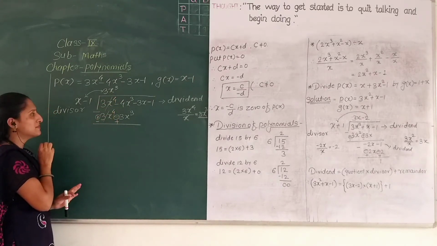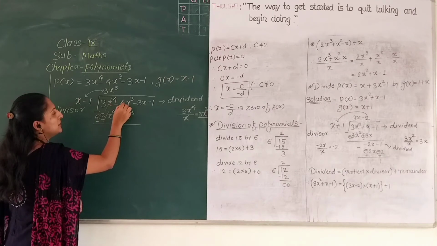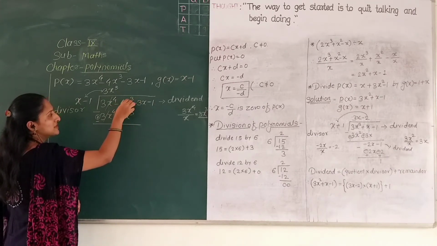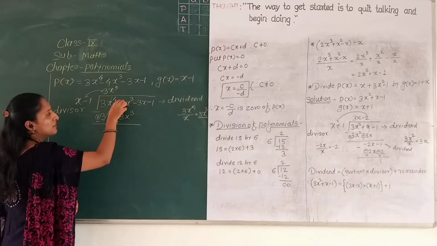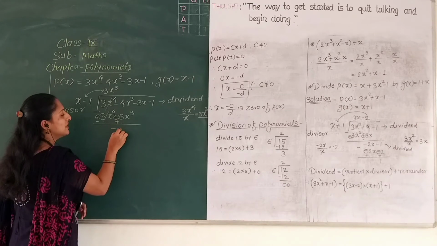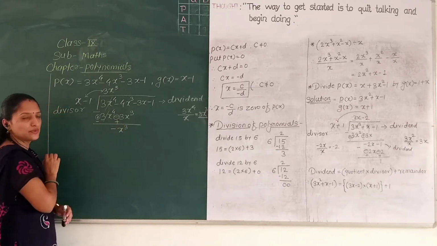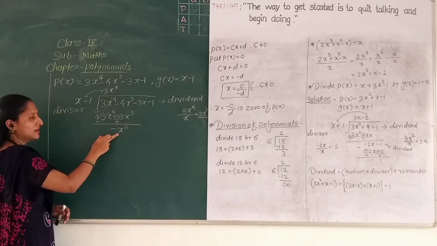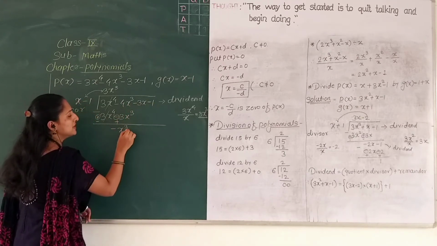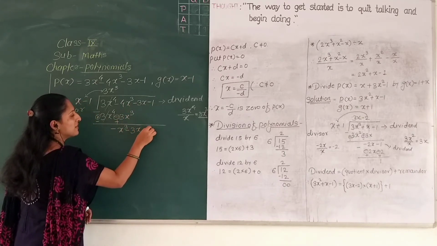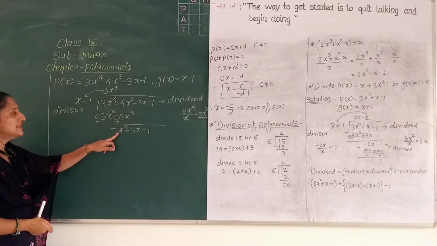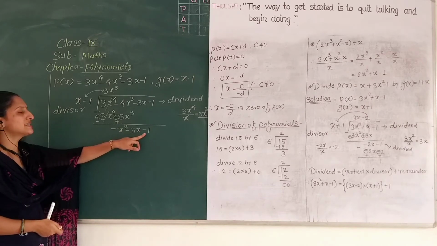Now negative 4x cube plus positive 3x cube. That means the coefficients are negative 4 plus 3, so the answer is negative x cube. So now the new dividend is negative x cube and the remaining negative 3x minus 1. So our new dividend is negative x cube minus 3x minus 1.